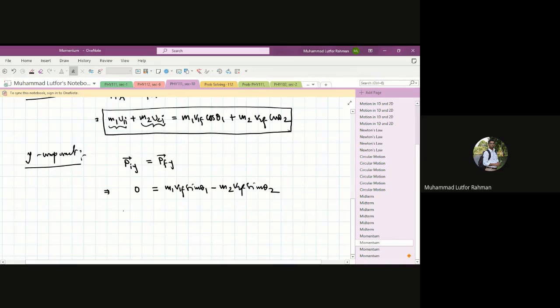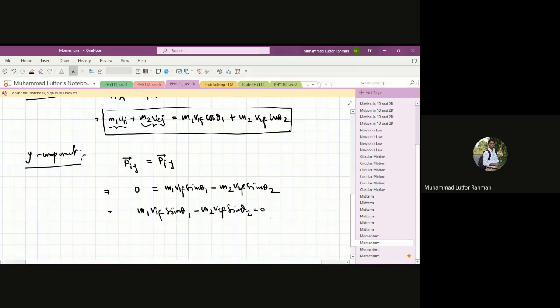Now I have two equations, or you can simplify one more line. So this is M1 V1F sin theta 1 minus M2 V2F sin theta 2 must be equal to 0.